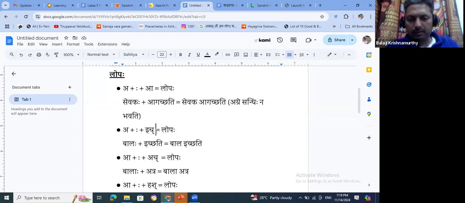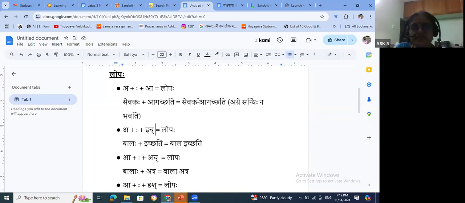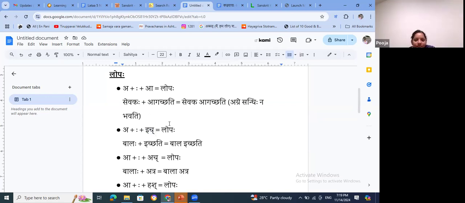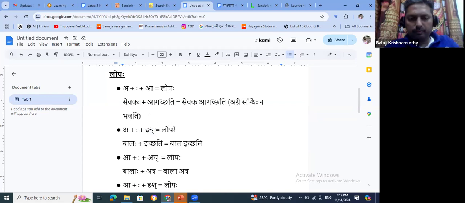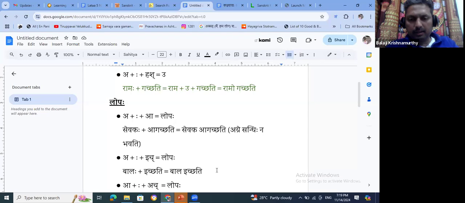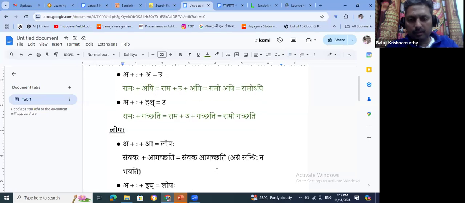So both are the same, right? Sevaka agachati and bala ichchati. Same meaning, I don't understand the question. In both cases, lopa is happening. That's why I say this. For example, in the first example, Utvam, we have avagraham, and the second one does not have that.